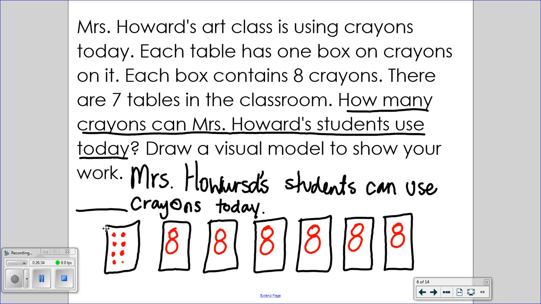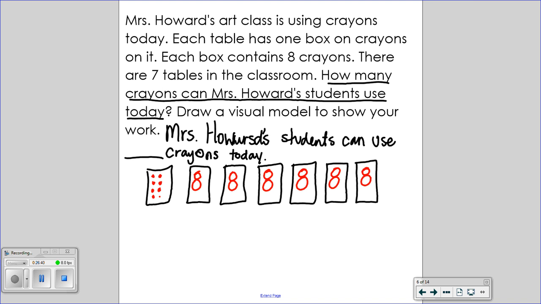What kind of equation could I write? Courtney? Okay, what's it going to look like? 8. Oh, wait. What do you know? Let's start with an addition.